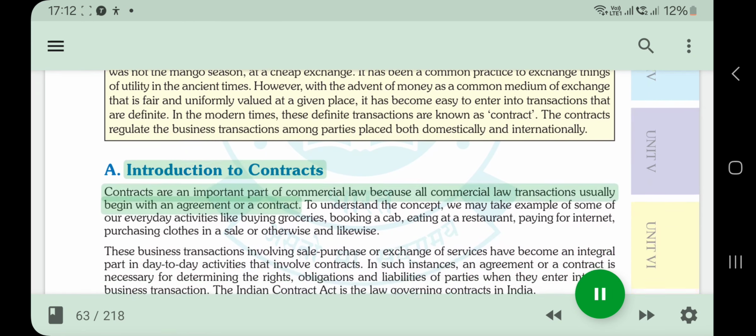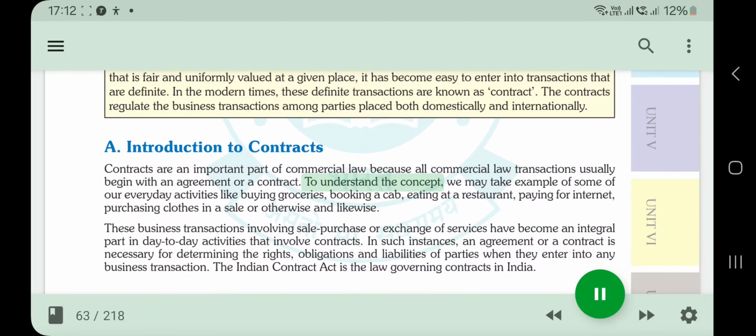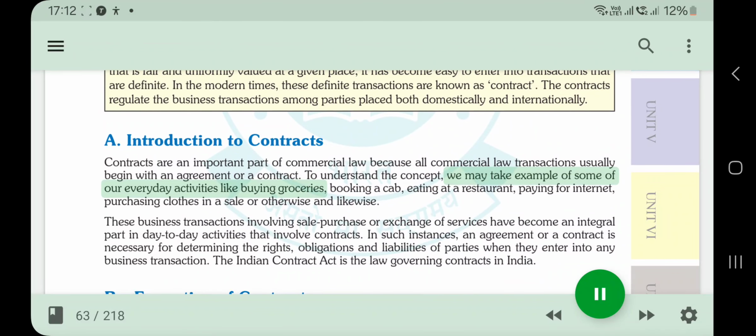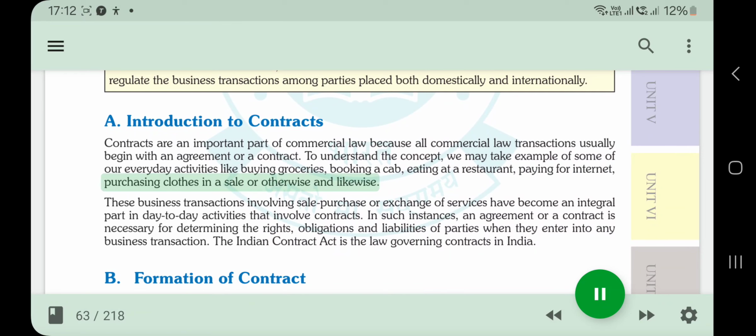A. Introduction to contracts. Contracts are an important part of commercial law because all commercial law transactions usually begin with an agreement or a contract. To understand the concept, we may take examples of everyday activities like buying groceries, booking a cab, eating at a restaurant, paying for internet, purchasing clothes in a sale or otherwise.